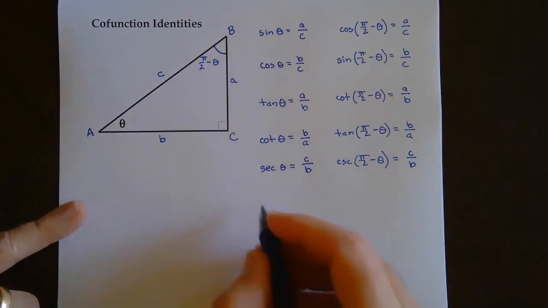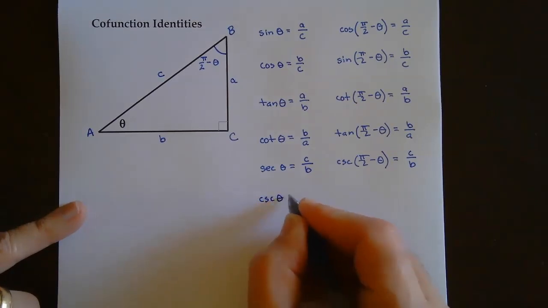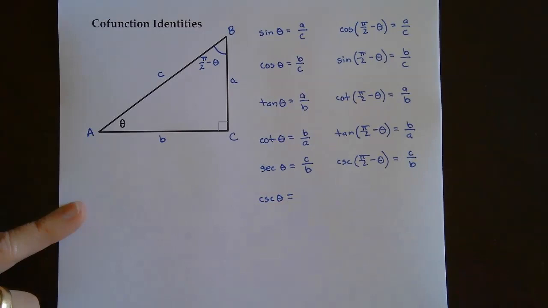Okay. All right. So then the next one, cosecant theta. Cosecant is the reciprocal of sine. Sine is y over r, or opposite over hypotenuse. So this is going to be hypotenuse over opposite.